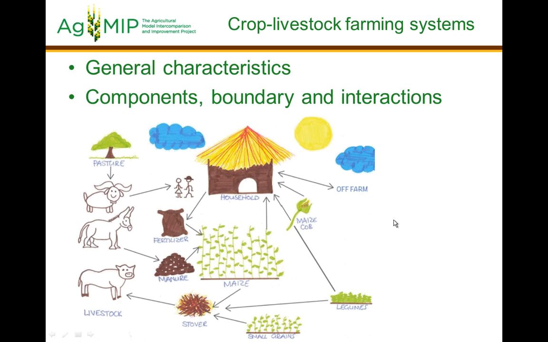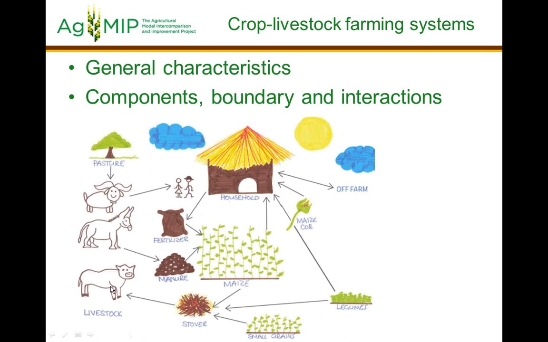So, let's get started. We're starting with the general characteristics of crop livestock systems, and this, I think by now, is a very famous picture. It's a drawing by Amina, the daughter of Sabine, who is now the PI of the project. That drawing basically summarizes what crop livestock systems are all about and the different components and interactions between these components.